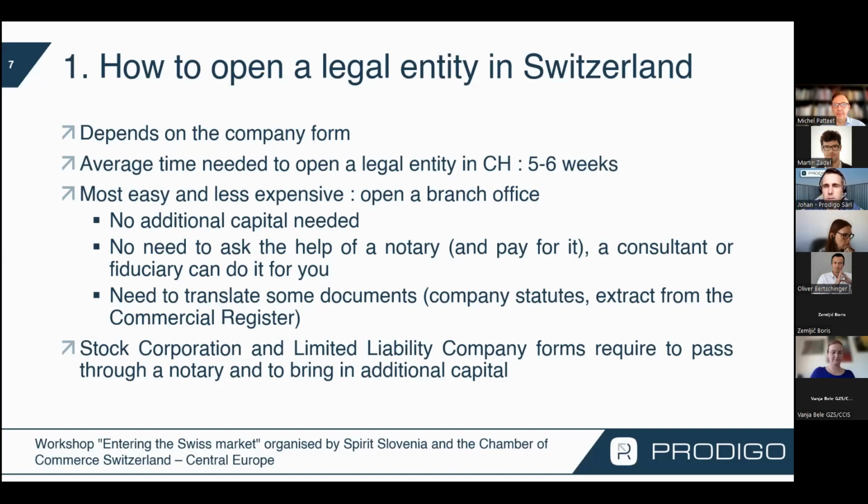According to us, the easiest and least expensive is to open a branch office, because you don't need to bring in new capital, and you don't have to go through a notary, so it is less complex as well. But of course, it depends on your needs. Some documents, such as company statutes or extract from the commercial registry from the home country, sometimes need to be translated if they are not available in official languages or in English.